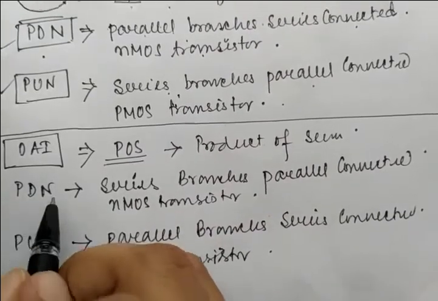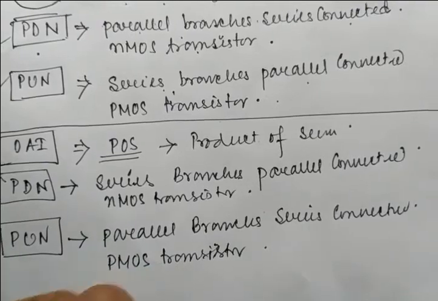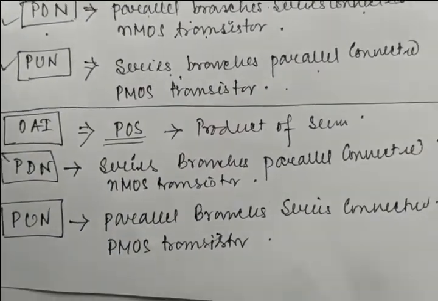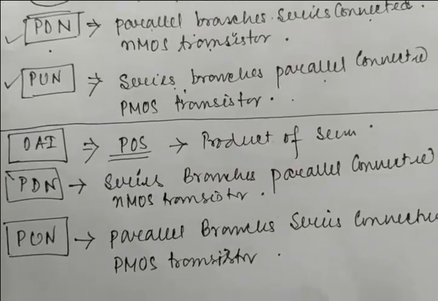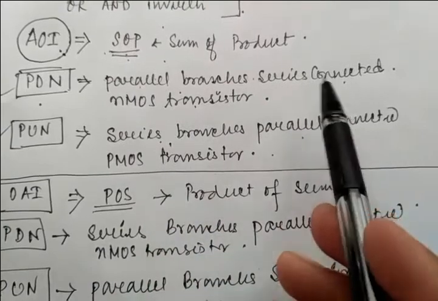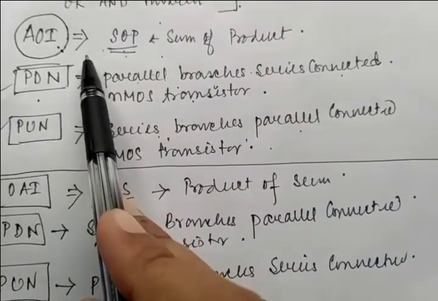So this is your pull-down network and this is your pull-up network, and this is a very important design rule for designing a Boolean expression using CMOS. Clear? This is your pull-down and pull-up network for the logic.